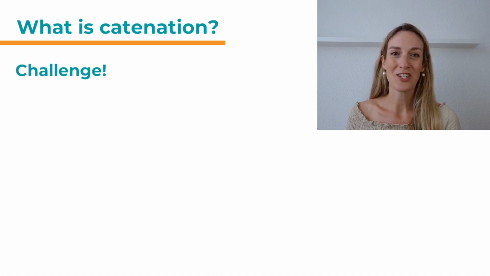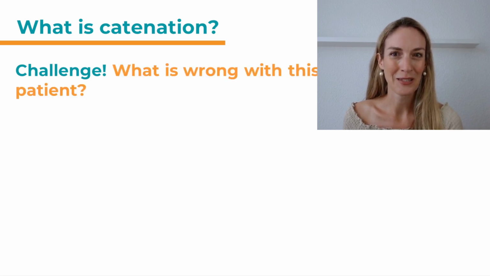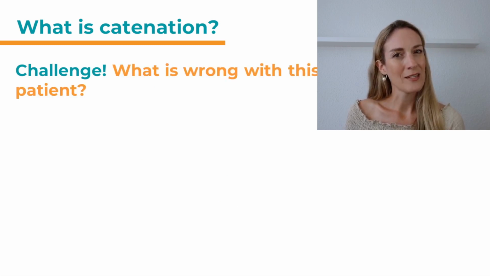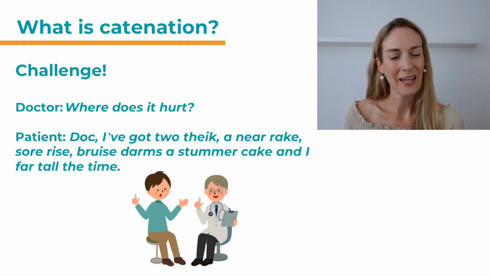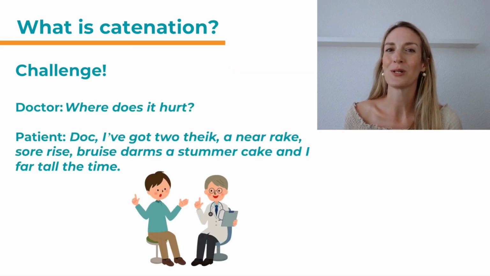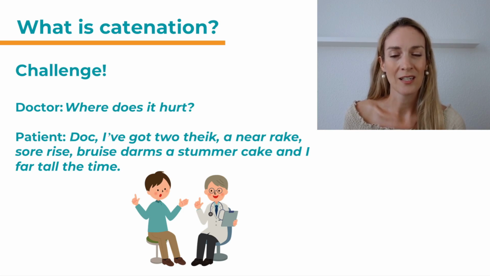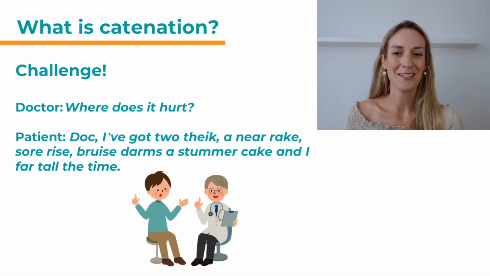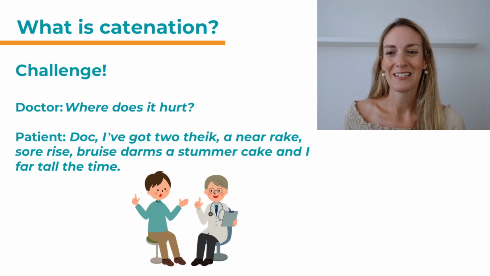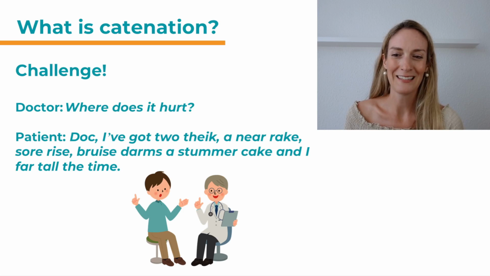So here is a challenge for you. What is wrong with this patient? Have a look. Here's a conversation between a doctor and his patient. The doctor says, "Where does it hurt?" And the patient answers, "Doc, I've got toothache, an earache, sore eyes, bruised arms, a stomach ache, and I fart all the time."